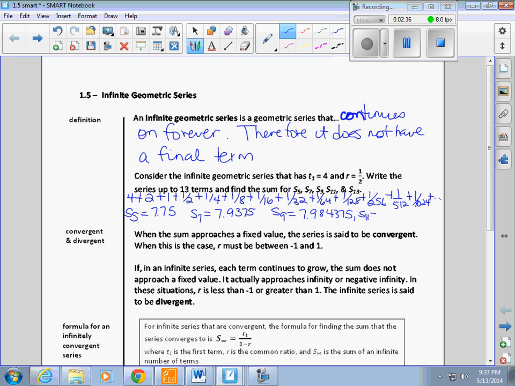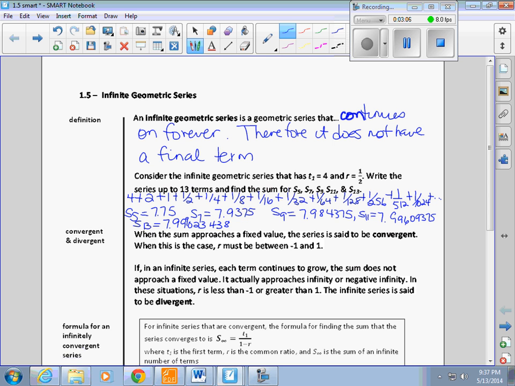Sum of the first 11 terms is 7.99609375. So, if I did the sum of the first 13 terms, I get 7.99923438.